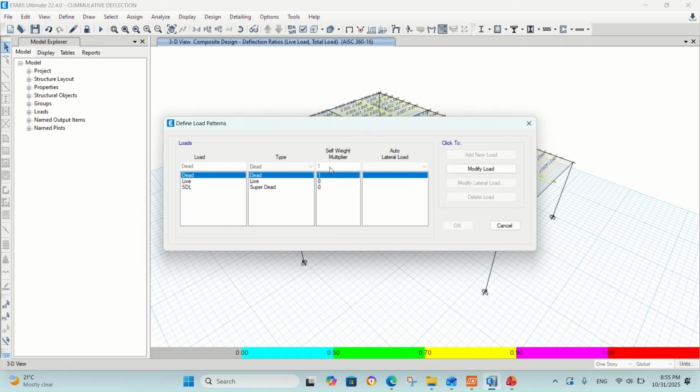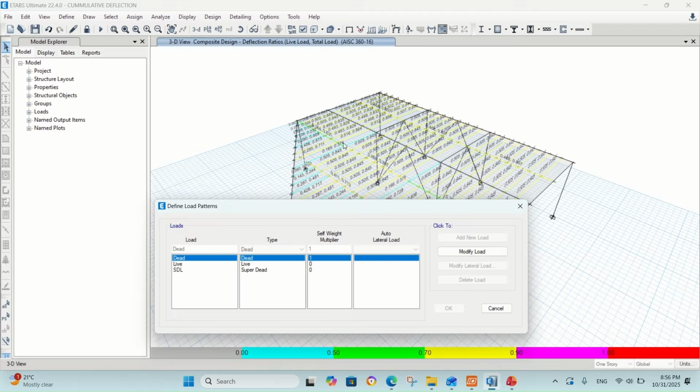However, when we have a concrete slab modeled, this is not accurate and over conservative because the weight of the concrete slab will be considered in the dead load pattern. So adding 20% is adding 20% not only for the steel members weight, but also for the concrete slab weight, which is a huge number.